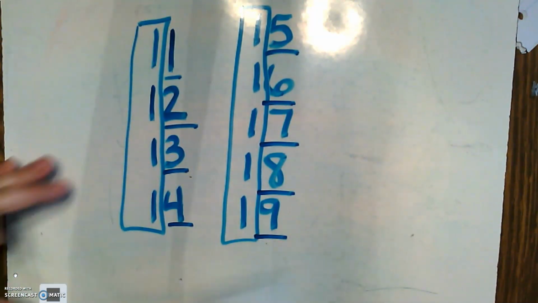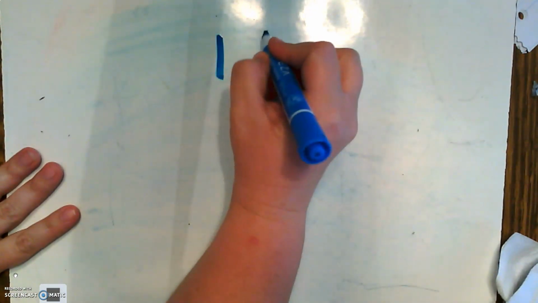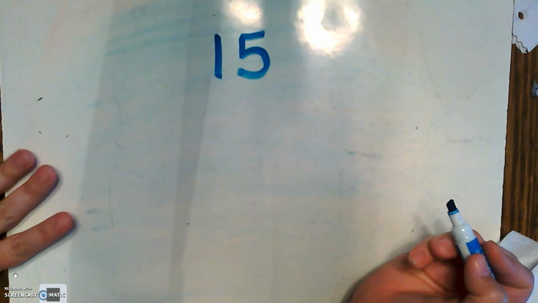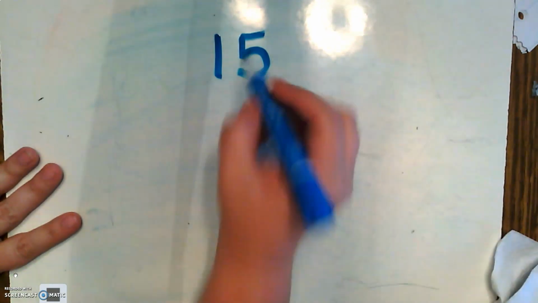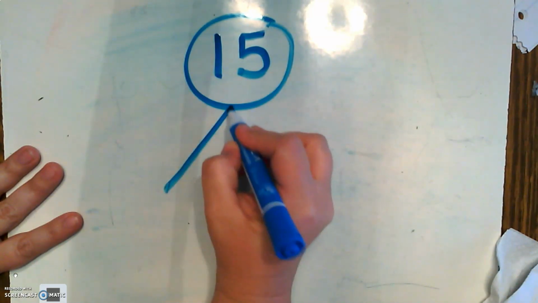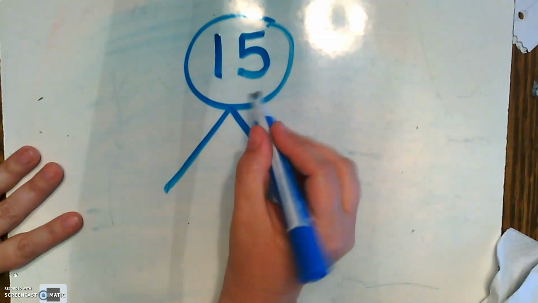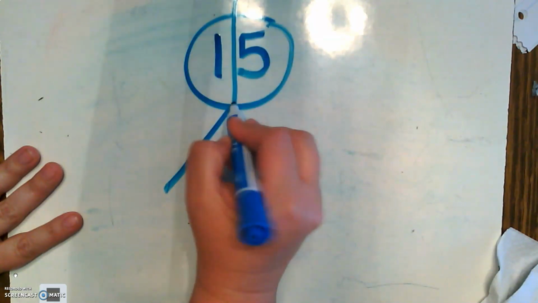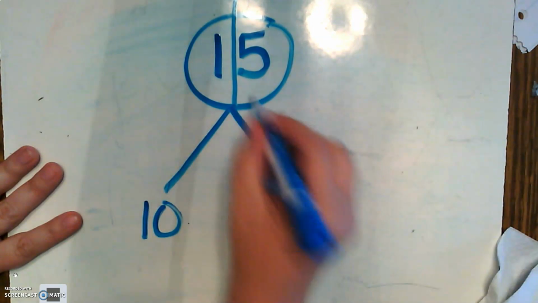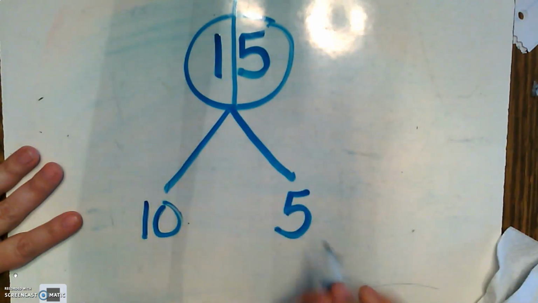So we're just going to take a few of these numbers and we're just going to decompose them, or break them apart. So let's start with this number. So what is this number? Yes, this is the number 15. If I were to take the number 15 and break it apart, what 15 tells me is that I have one group of 10 and I have 5 extra ones.